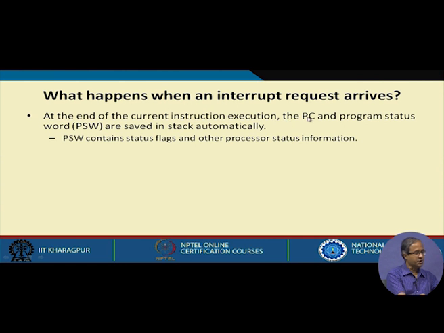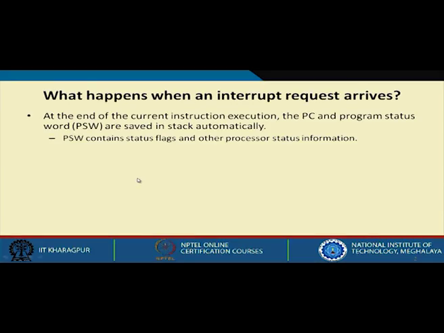The program counter and the program status word, or PSW as it is sometimes called, are saved in a stack. You may recall that for a normal subroutine or function call and return, only the return address, that means the value of the program counter PC, is saved in the stack. But here we are saving not only the PC, but also some status information. It of course depends on the processor, the ISA, what this PSW means or refers to.